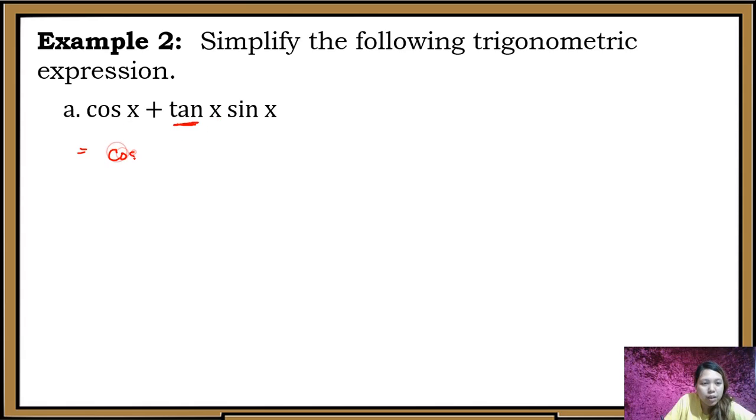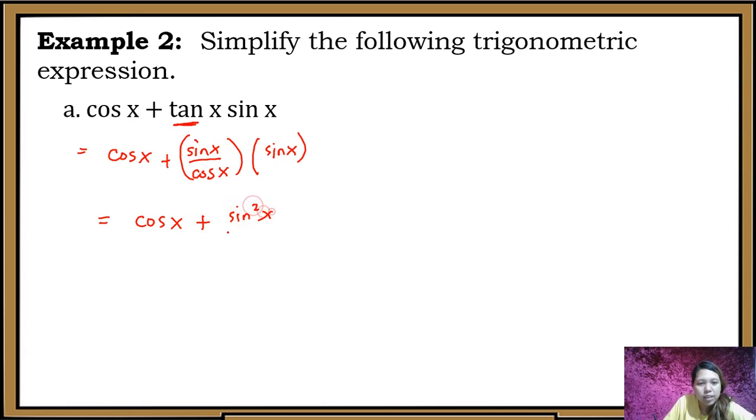So just copy cosine x. Tangent is sine x over cosine x times sine x. So we simplify, this is cosine x. Sine x times sine x, that's sine squared x over cosine x.